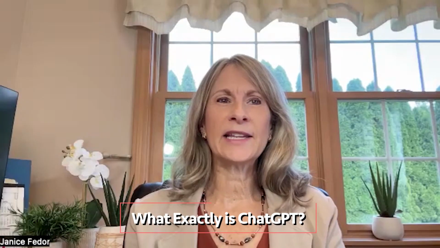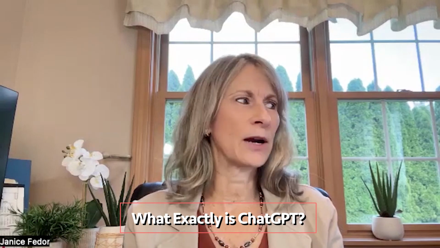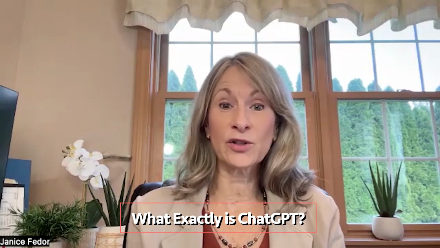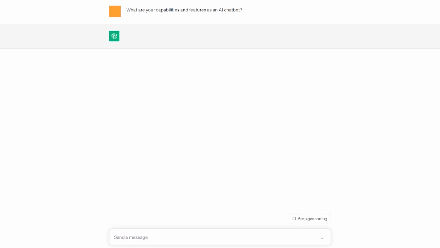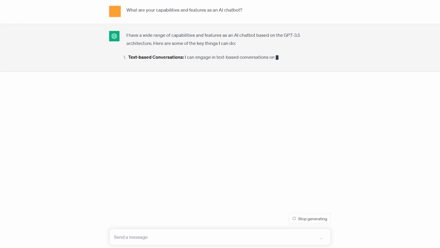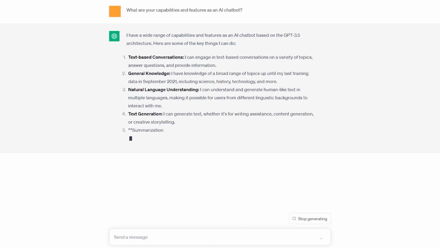What exactly is Chat GPT? I think we've had Chat GPT around for maybe about a year or so. So Chat GPT is an artificial intelligence, I think program might be the right word to use, that the user gives a prompt and Chat GPT will write up a response to that prompt.